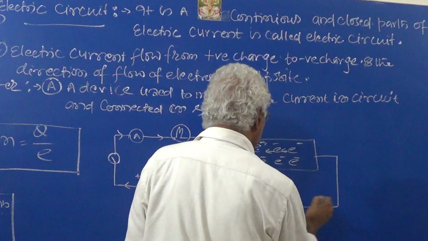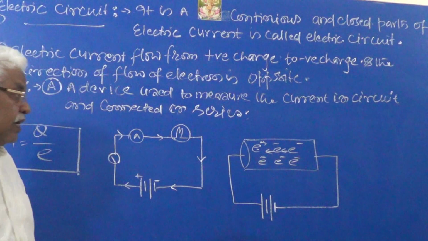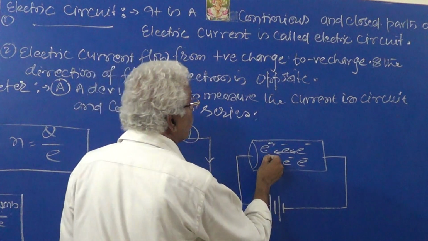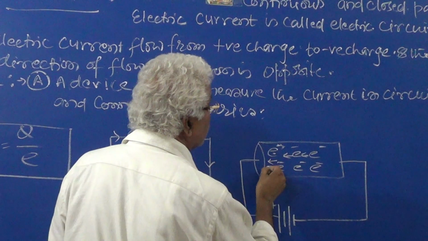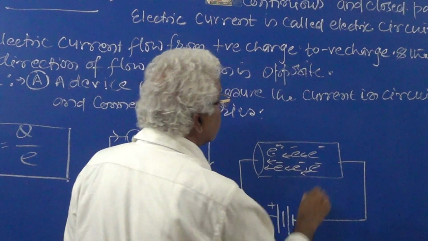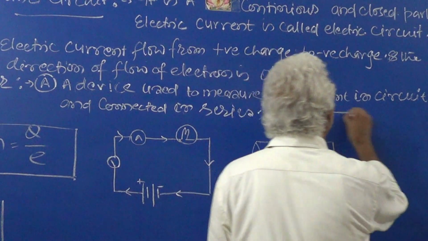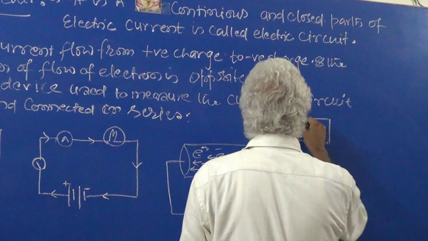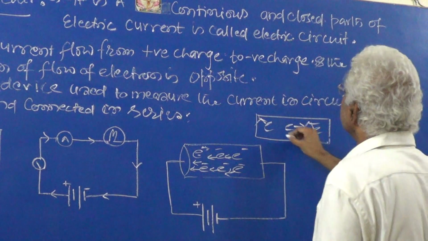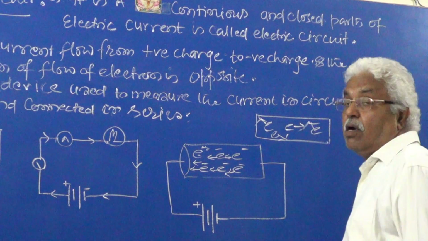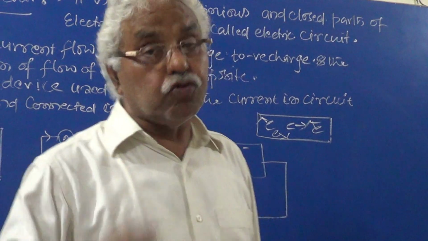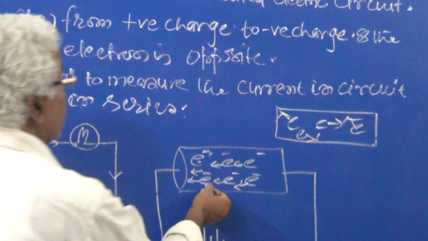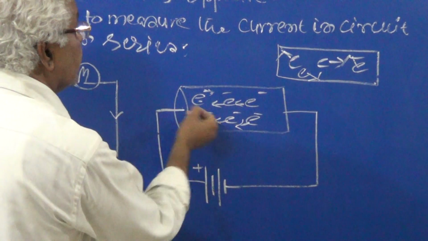Now, this is your plus. For this plus, electrons will move in this direction. Otherwise, without potential difference, the electrons will be in the circuit in all directions. To make all the electrons unidirectional, when you apply the potential difference, all the electrons will move toward the plus charge.